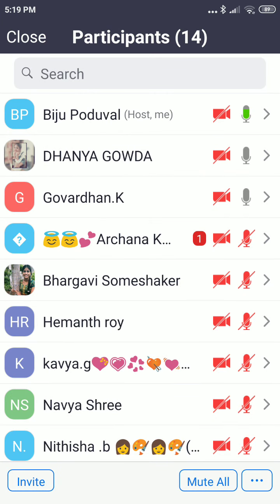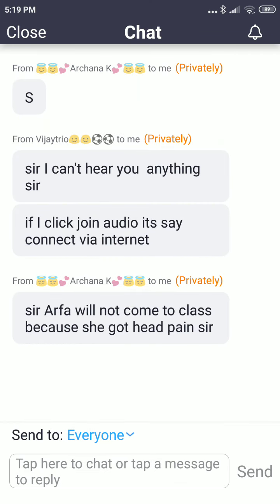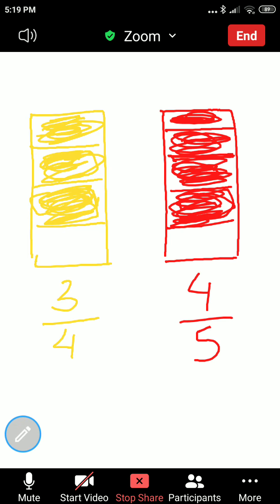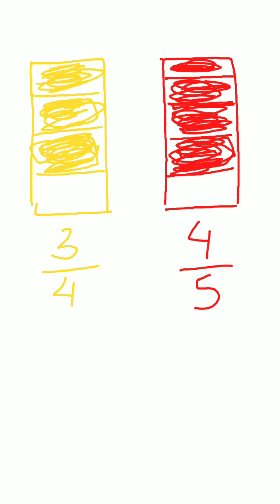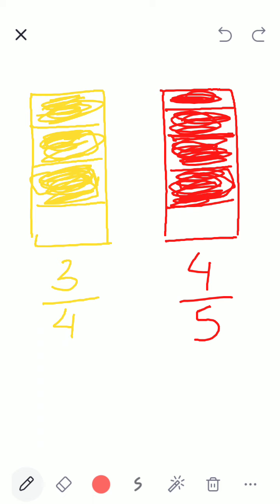How? Okay, so you're saying because the denominator is more, 4/5 is bigger. Anybody else?